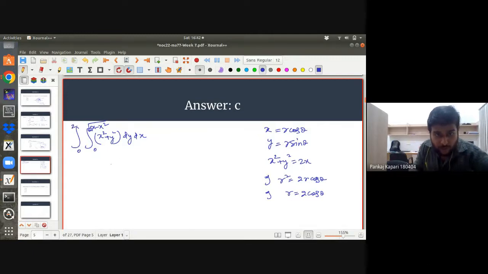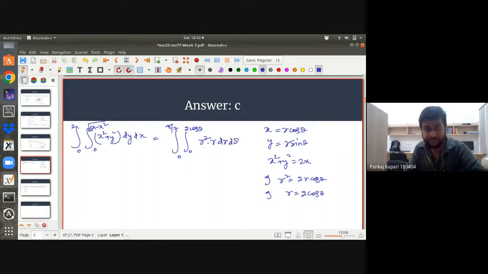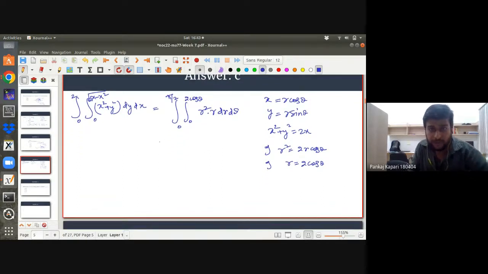If you change it to polar coordinates, then r varies from 0 to 2 cos theta, and theta will vary from 0 to pi by 2. Then x square plus y square becomes r square, and dy dx will be replaced by r dr d theta. This is r cube dr d theta.